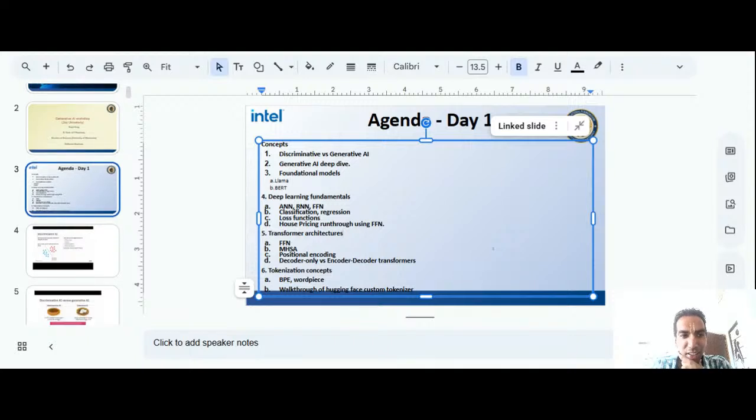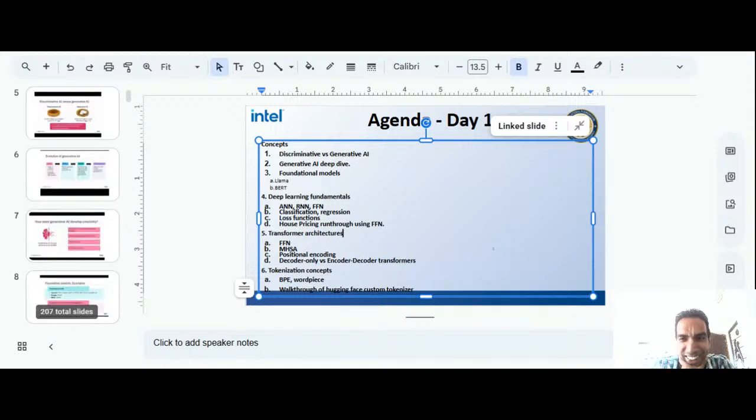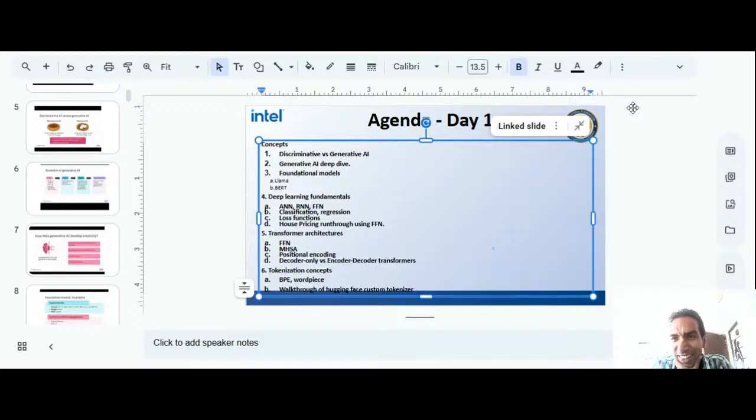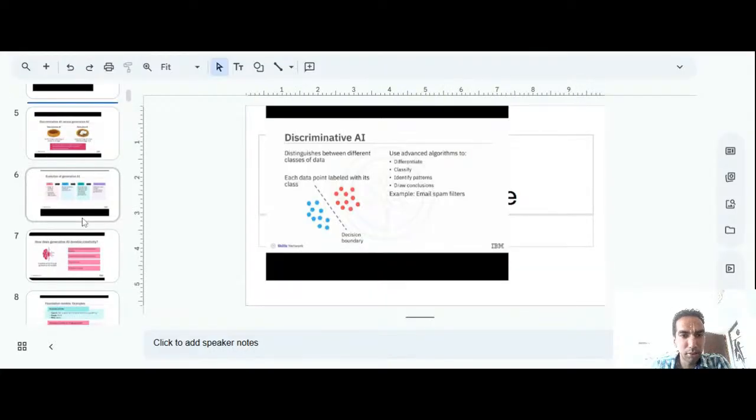We do tokenization, right? And after tokenization, we have the tokens, basically the words.